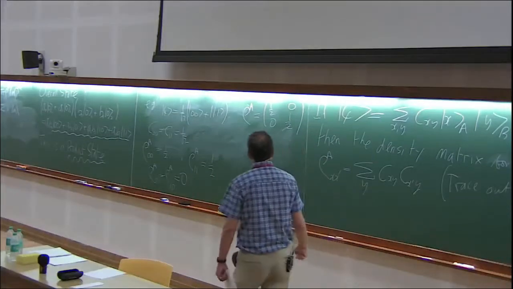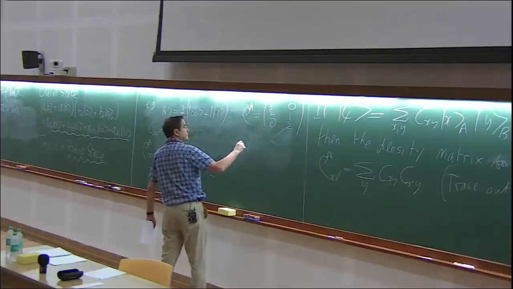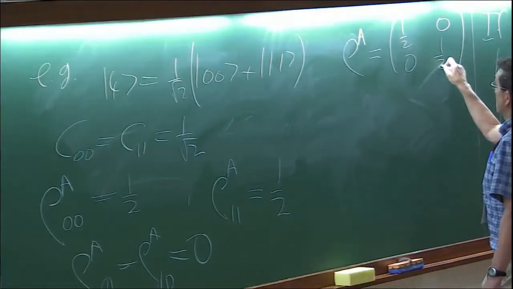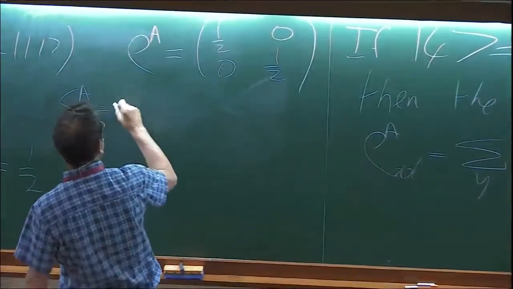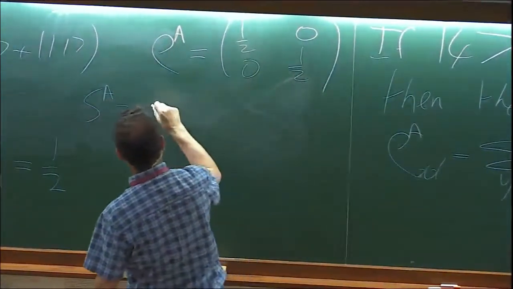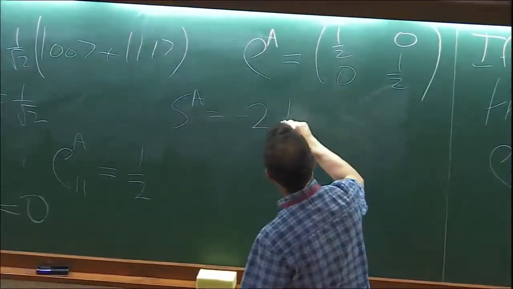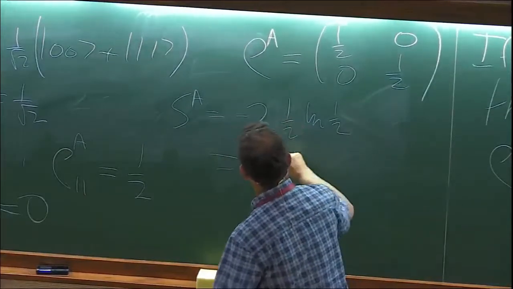The two eigenvalues are each a half, and so the entanglement entropy, since each eigenvalue is the same, has a factor of 2, and then it's a half log a half, which is log 2.